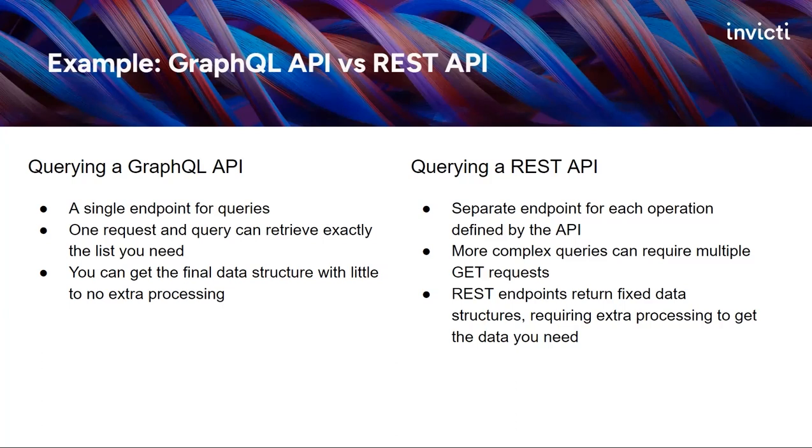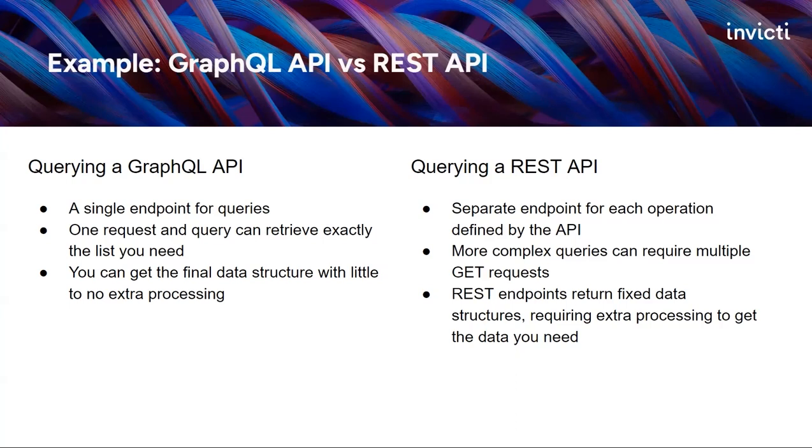The GraphQL requests are handled on there. And if you want to get some very specific data, you just put it in the request and you can retrieve exactly what's in the list without making any further requests. Also, you can get the final data structure just by specifying it in the request.